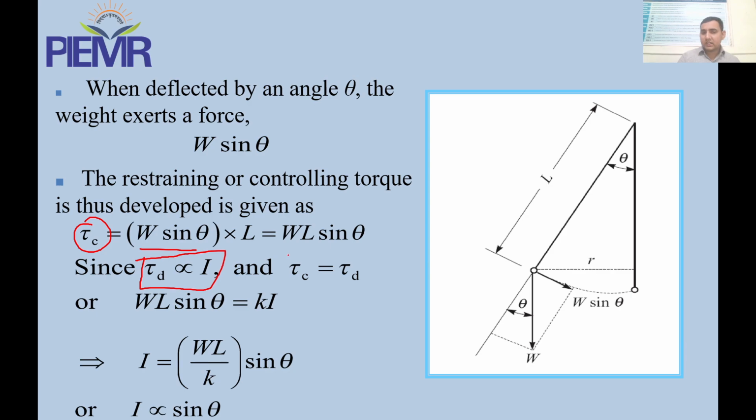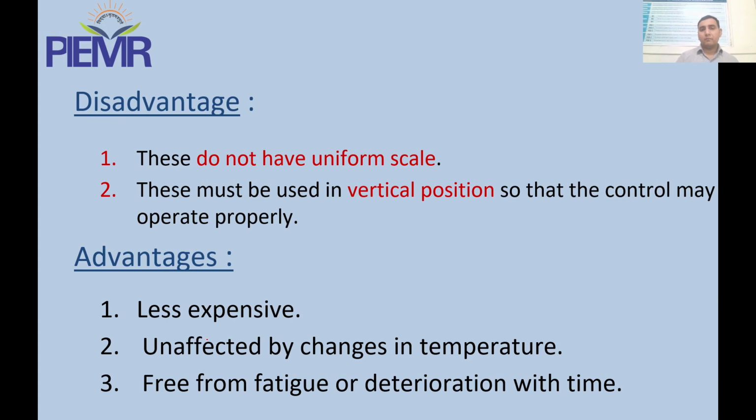At steady state TC equals TD, so the current is directly proportional to sin theta. Hence, in gravity control the scale is non-linear, that is, it is not uniform.